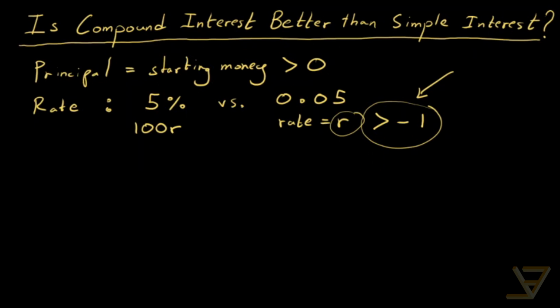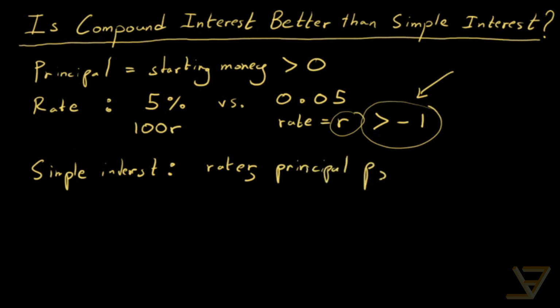Now let's actually look at what simple interest is. It says that if the rate is R and the principal is P and the time period, say we're going to call one time period equal to 1 year, but it can be any time period.